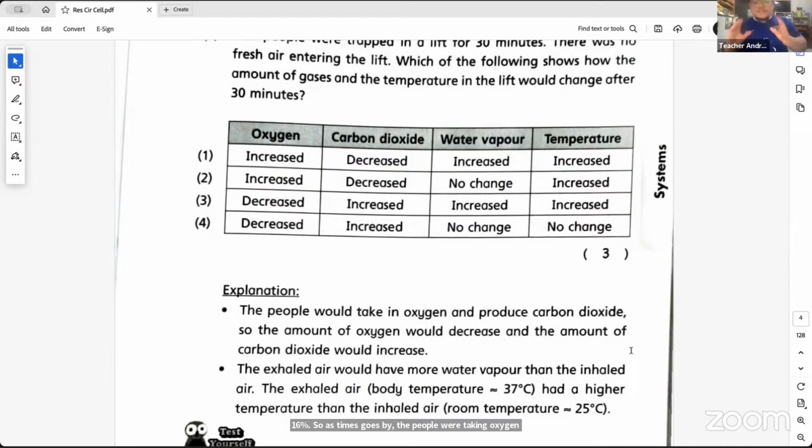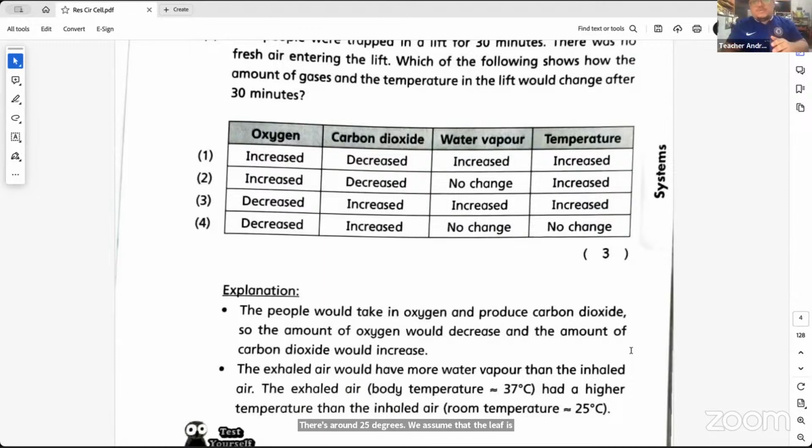So the amount of oxygen will decrease, the amount of CO2 will increase. When we exhale, there will be more water vapor. And when we exhale, our body temperature is around 37 degrees, which is higher than the lift, which is around 25 degrees. We assume that the lift is at 25 degrees, all right?